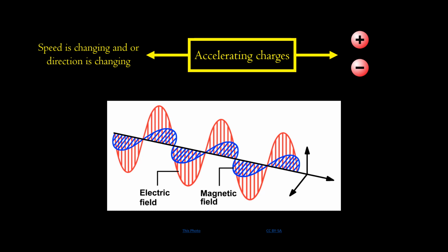The entire wave is moving in this direction, and the electric field is pointing in this direction, and the magnetic field is pointing in this direction. These three directions are perpendicular to one another. This means that there is a 90-degree angle between them.